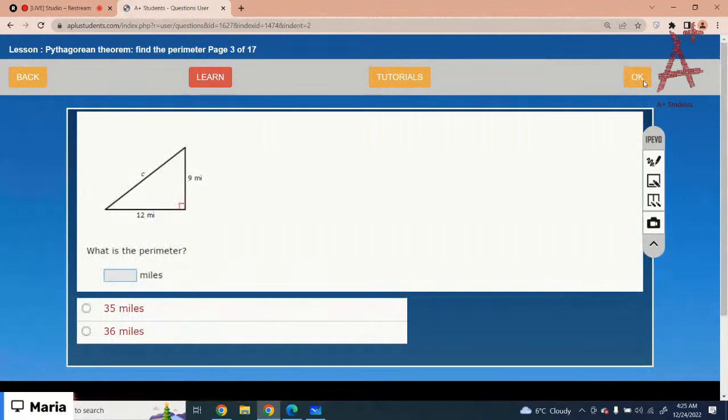Okay, for the next one, please find the missing side length. Please use your notebook and pencil and find the missing side length. C is missing.